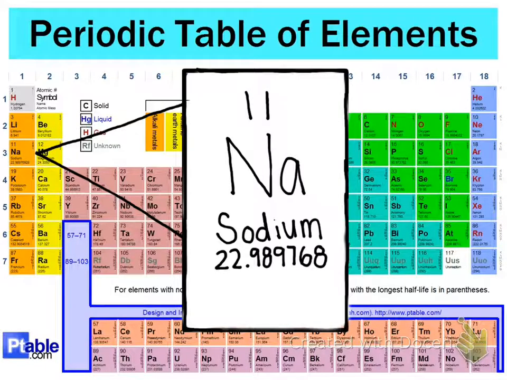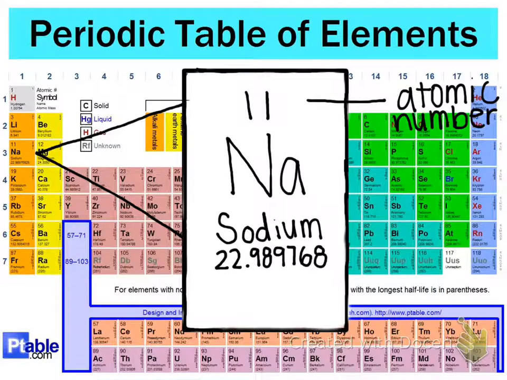So on your periodic table you have a lot of symbols and a lot of numbers, and so I zoomed in on sodium so that we can label what all of those numbers mean. The top number, this 11, that is your atomic number. In other words, that is your number of protons. That is also your number of electrons if it is a neutral atom. The Na, that is your symbol.